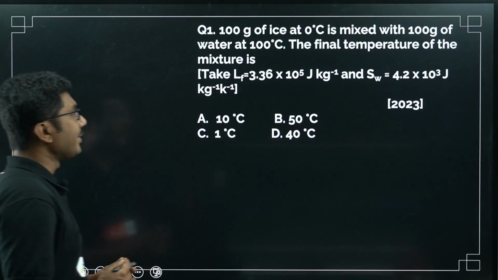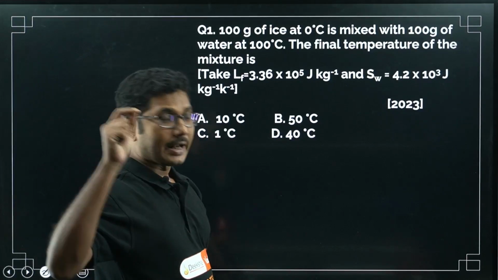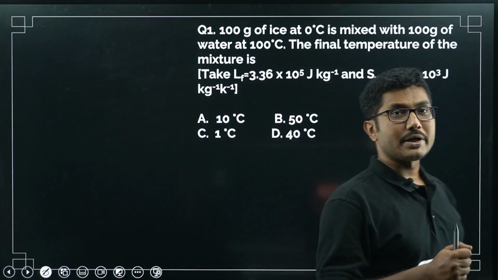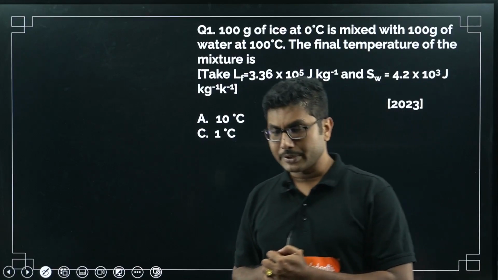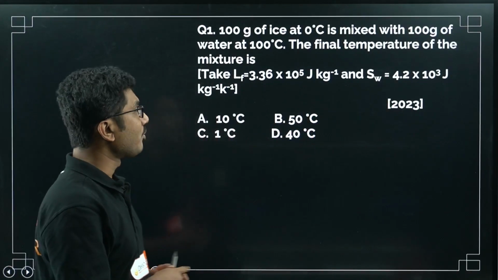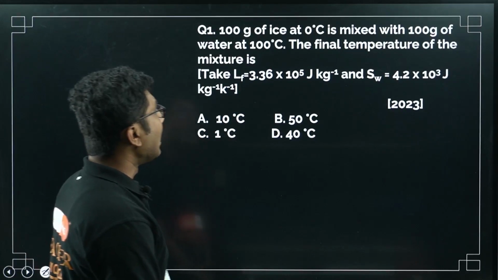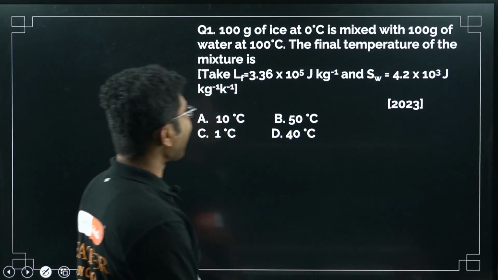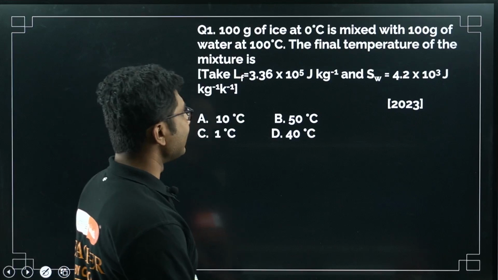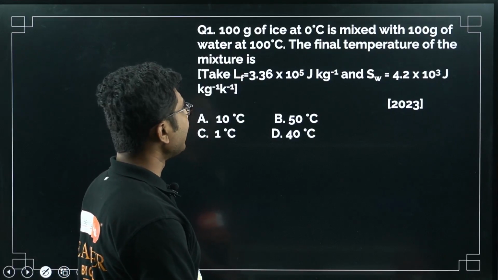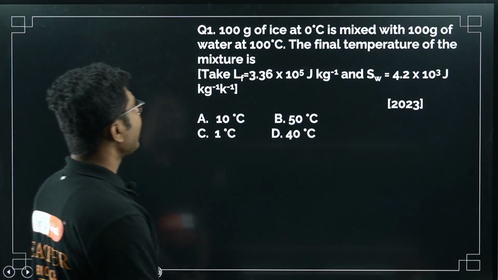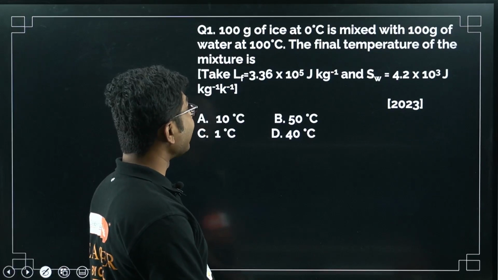So let's start with one PYQ, and as I said, most of the recent PYQs are based on the calorimetric principle. We solved one question from 2024. Let's look into the 2023 problem. 100 grams of ice at 0 degrees Celsius is mixed with 100 grams of water at 100 degrees Celsius.